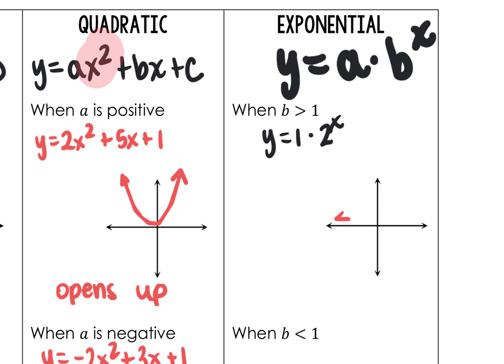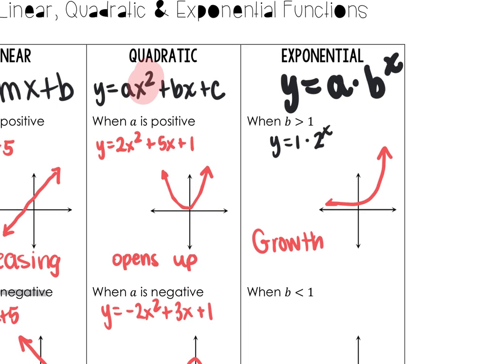It's going to be like an increasing slide. I say it looks like a slide, but as we look at it from left to right, that graph is going up. And since it's increasing, it is going to be an example of a growth function. So it's exponential, but it's an exponential growth because it's increasing.